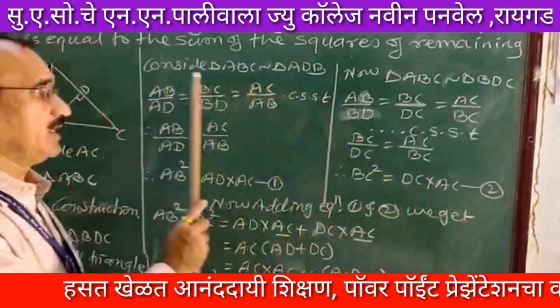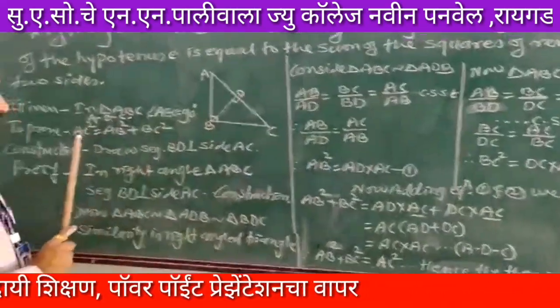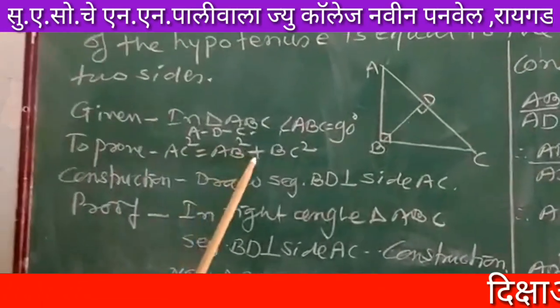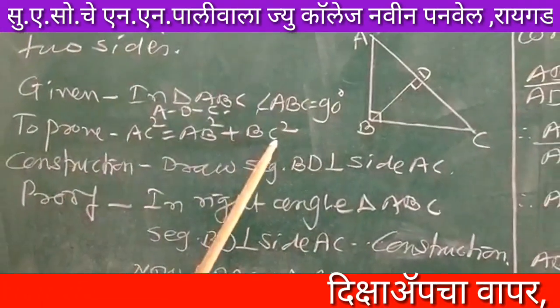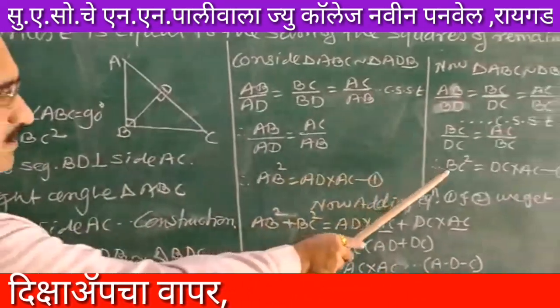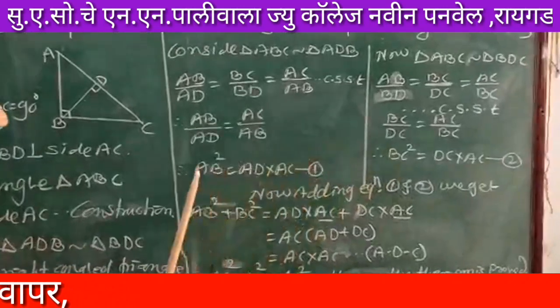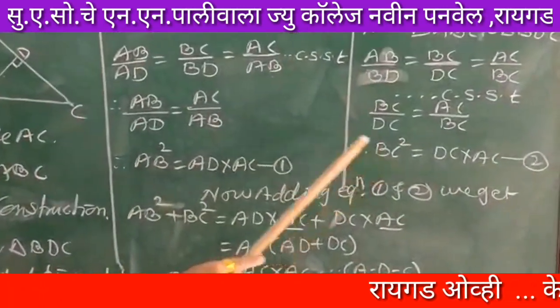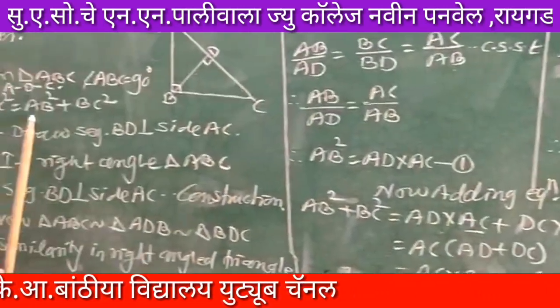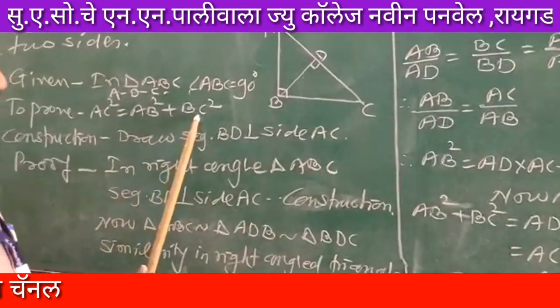Again we are going to see what we have to prove here. Here we have to prove AC square is equal to AB square plus BC square. Here is AB square and here is BC square. If we add these two equations, we get AB square plus BC square.